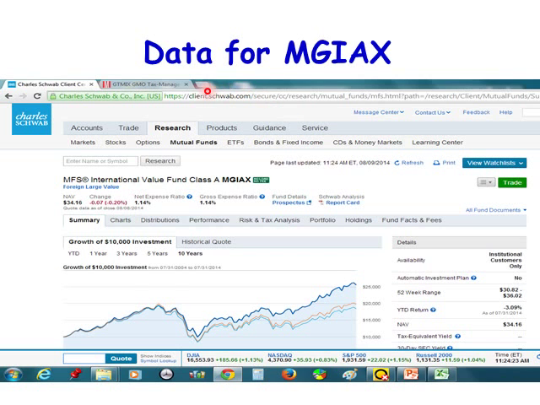So this is the data for the MFS International Value Fund, and this little thing here said no load and no fee. So this is a no load no fee fund, and its expense ratio is 1.14%. You can look through these details here, but what I'm interested in is that this is my backdoor, no load, no fee. I did that chart yesterday. Yesterday was 9th of August. Okay, let's continue.